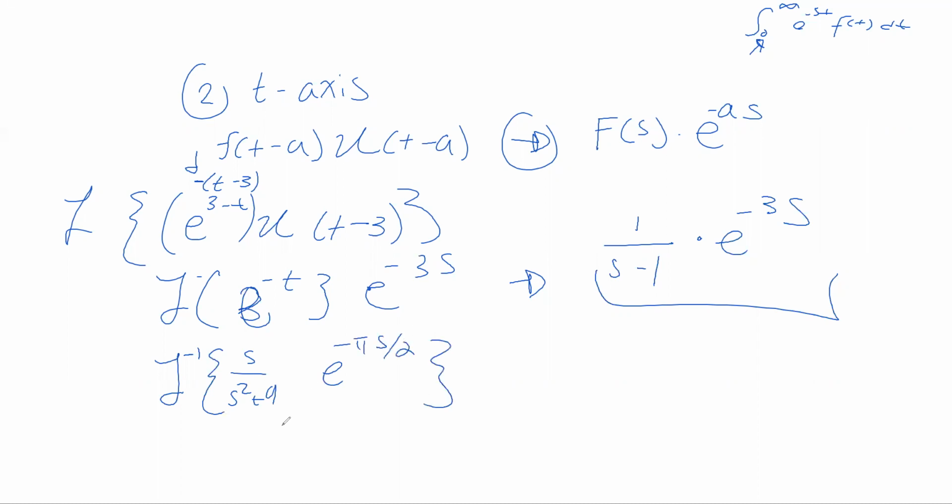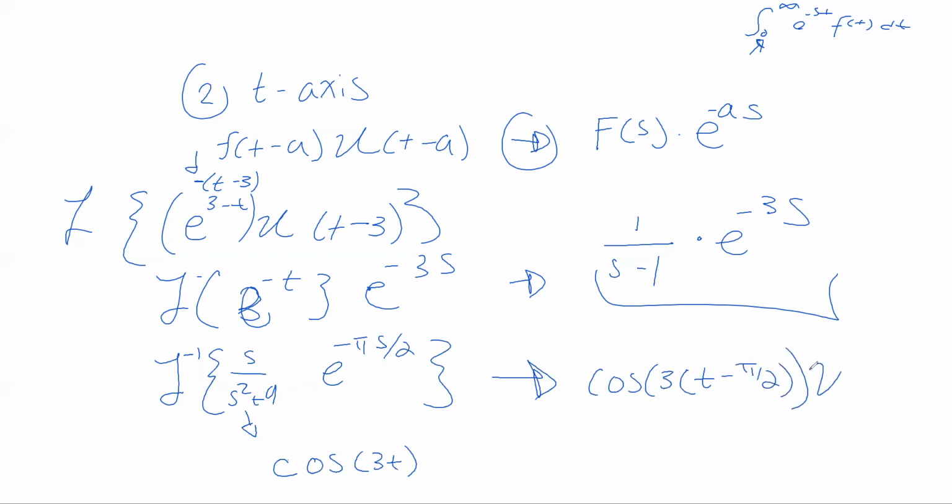So the way I would do this is basically just doing the inverse Laplace of s over s squared plus 9, which I know is cosine of 3t. And then when I'm plugging it into my final version, it becomes cosine of 3 times t minus pi over 2, with that u of t minus pi over 2.